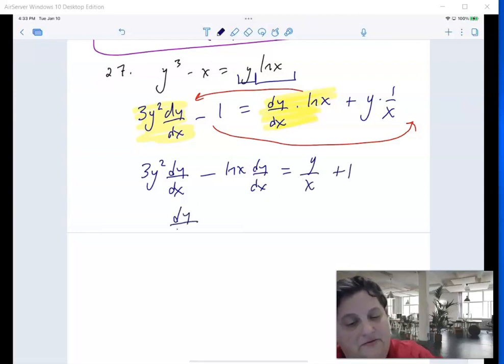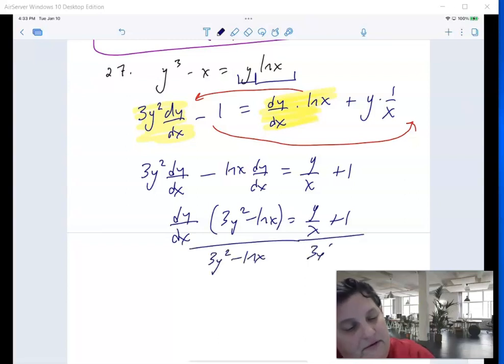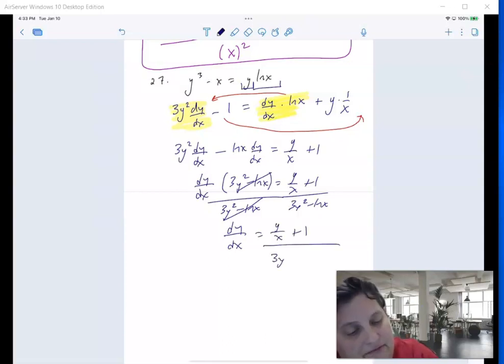I will factor out a dy dx, and then I'll divide this whole thing over. Okay, so my final answer will be dy dx is y over x plus 1, and then 3y squared minus ln of x.